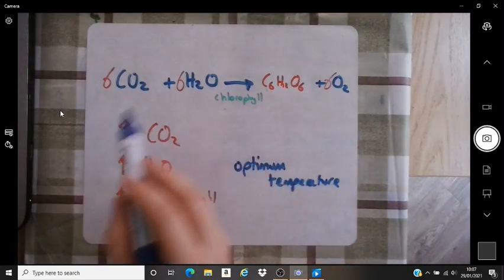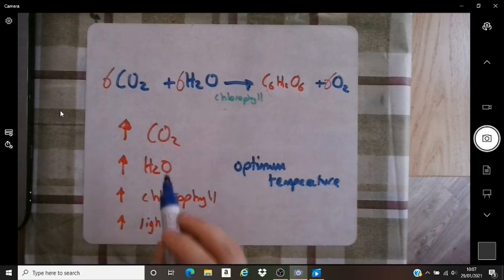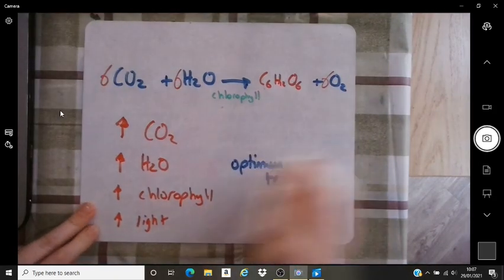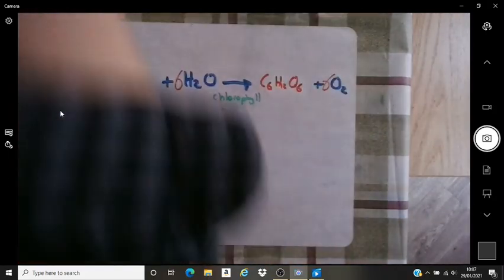If we are working with a reaction or a practical which is demonstrating or measuring photosynthesis, these factors can all be limiting. These are all reasons why maybe a photosynthesis experiment stops increasing its rate, even if you'd expect it to continue increasing.